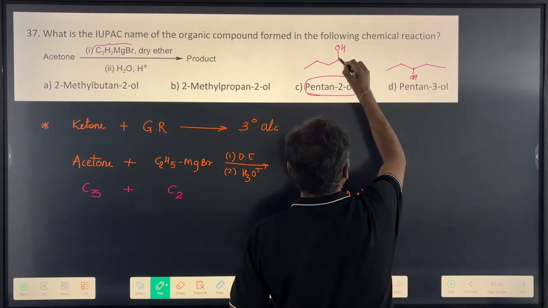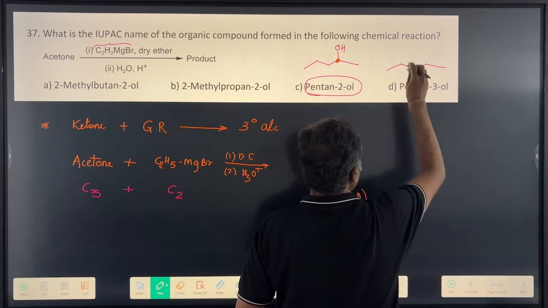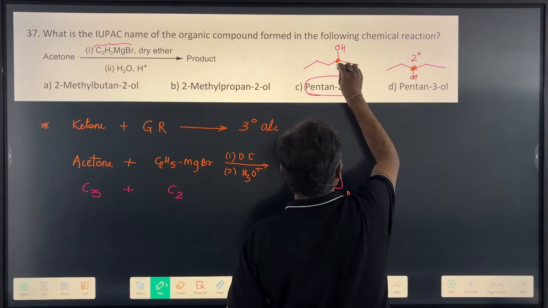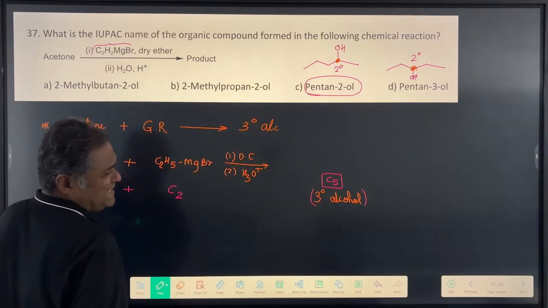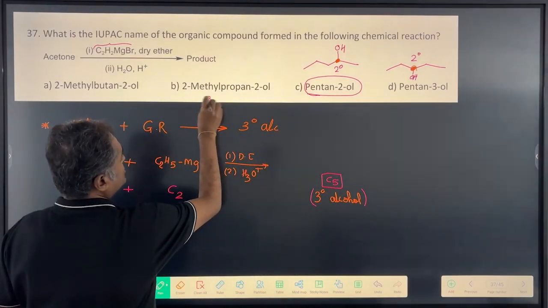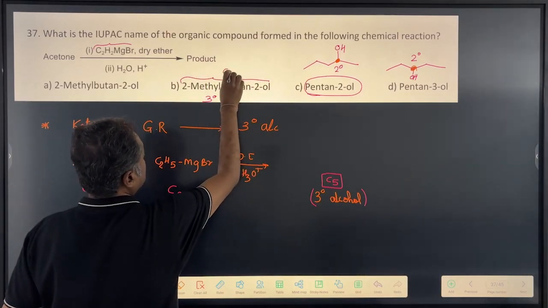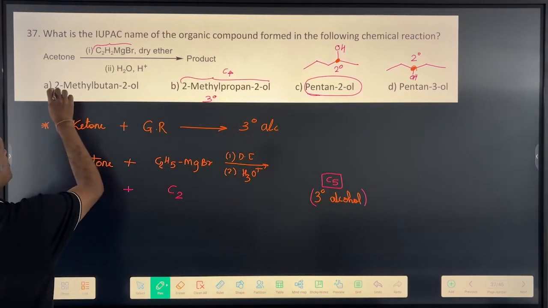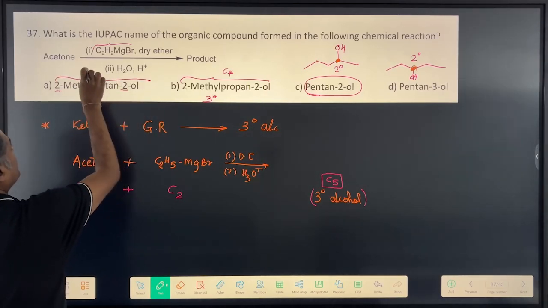Both these examples are secondary alcohols only. Now here you can see a tertiary alcohol, but the number of carbon atoms is 4, whereas this is also a tertiary alcohol, but the number of carbon atoms is 5.